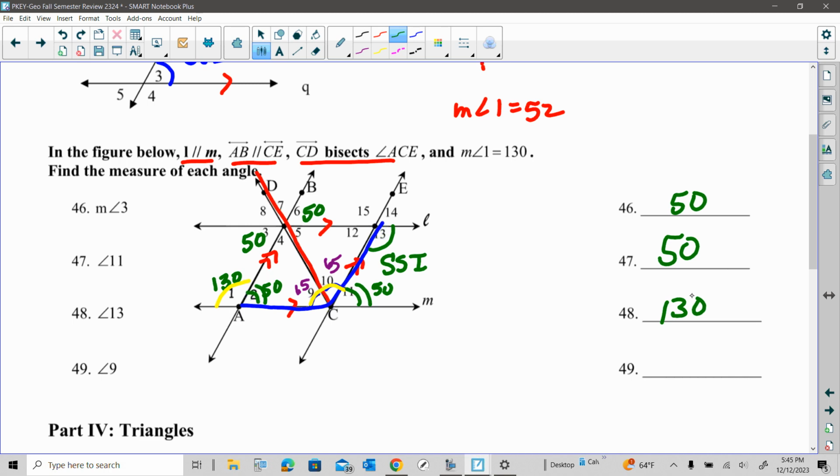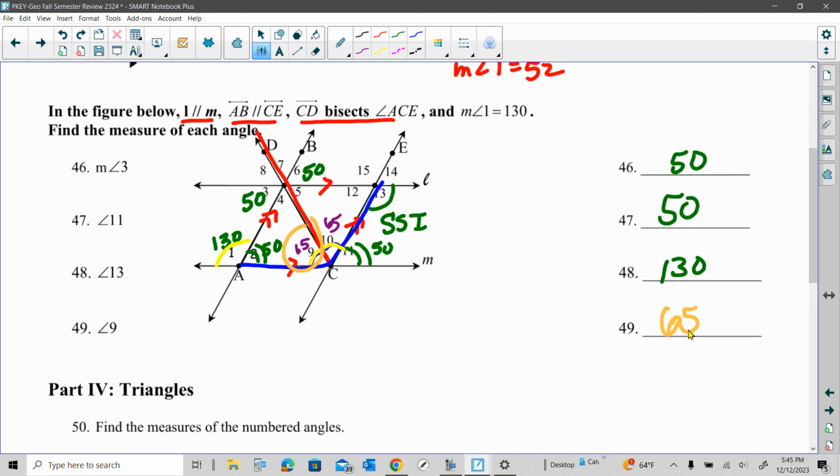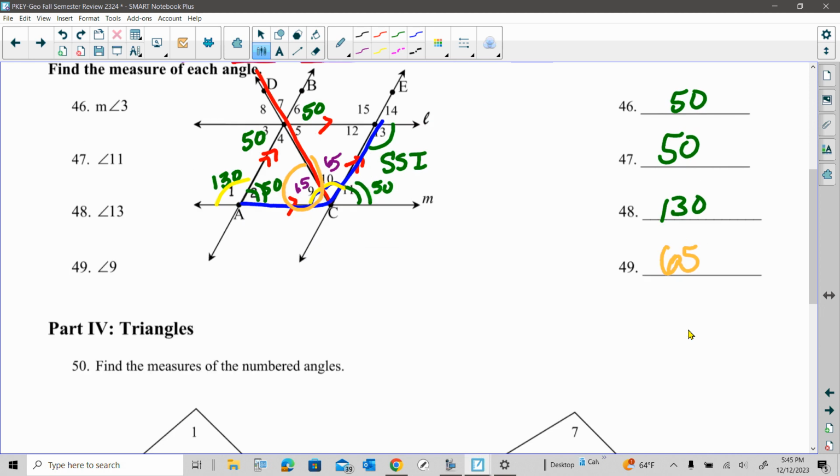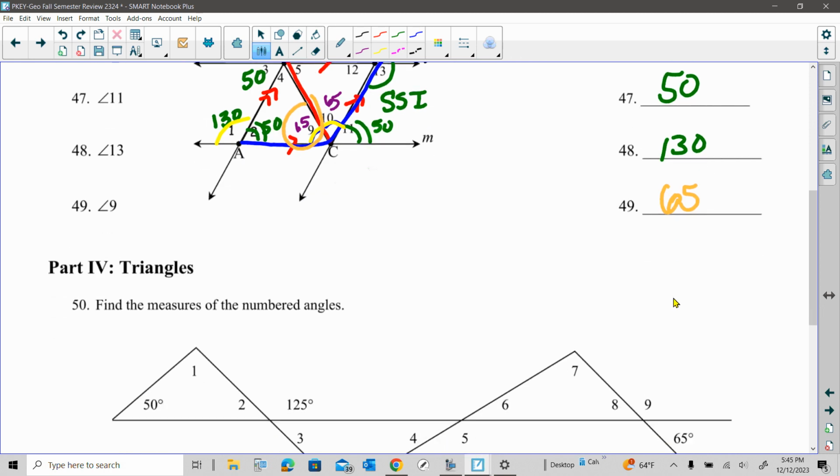And then angle 9 was right here, and we see that that was that 130 cut in half, which was 65. All right, that takes care of part 3. Now we're just back to triangles for part 4.